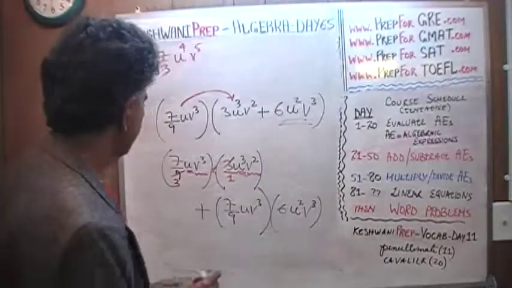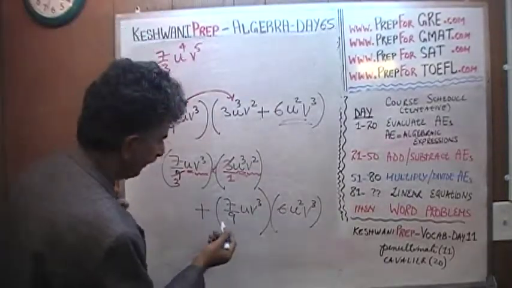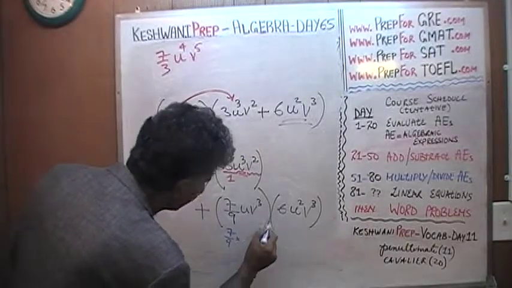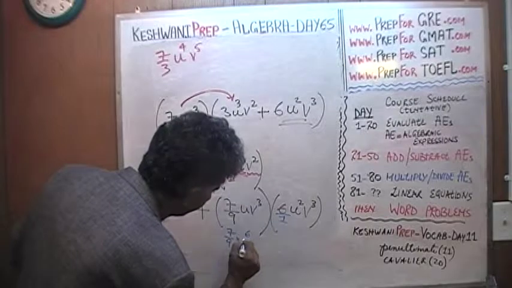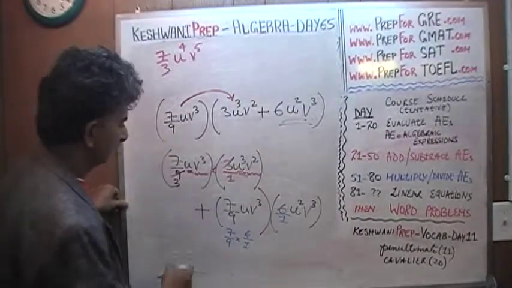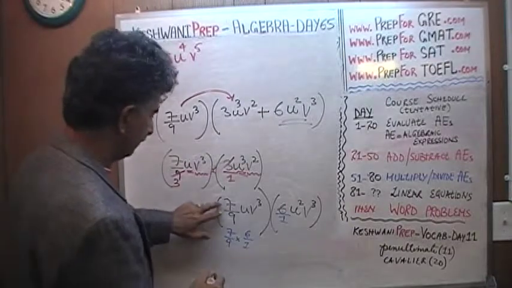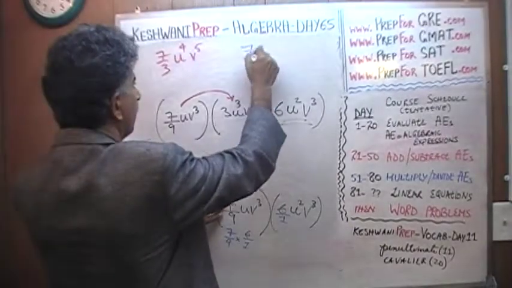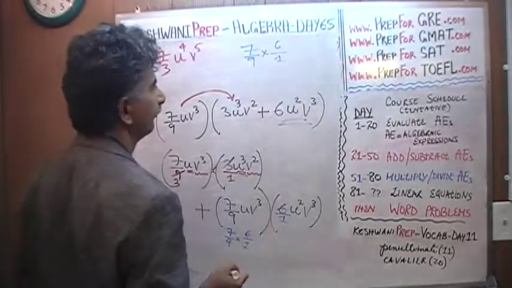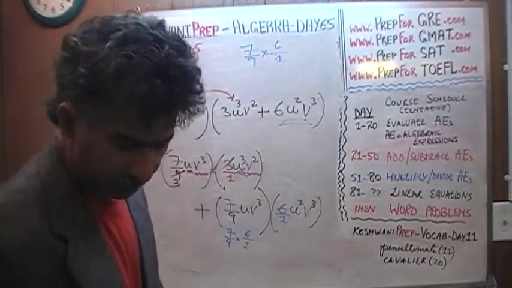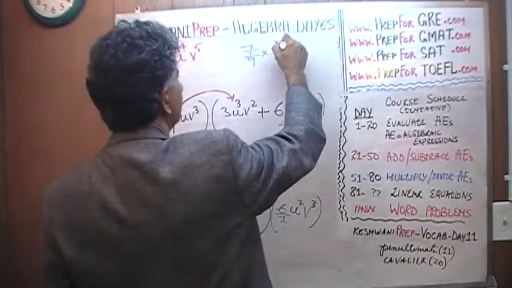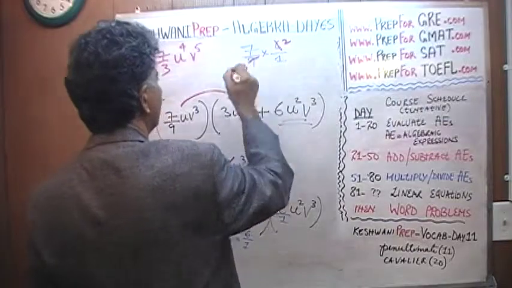Let's move on to the second term. Now here, it's tricky. You have 7/9 times 6, which is the same as 6 over 1. Now we can divide the top and the bottom by 3. If we divide top and bottom by 3, this 6 becomes 2 and this 9 becomes 3.